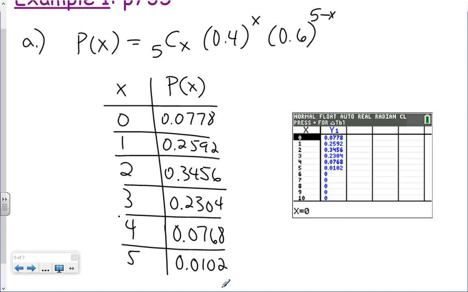Now, if you wanted to actually graph that or sketch what that looks like, they didn't actually say to sketch it here. They actually asked us to do this in part C. So we're jumping a step here. But if we want to sketch what this looks like, let's go back to our calculator and do that.